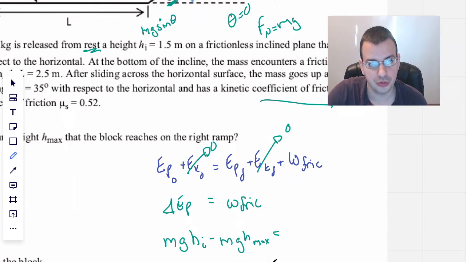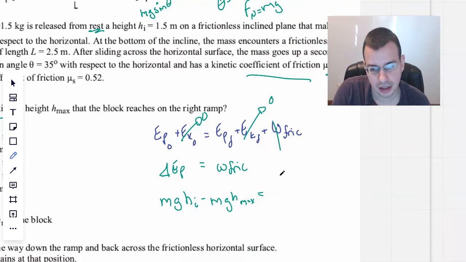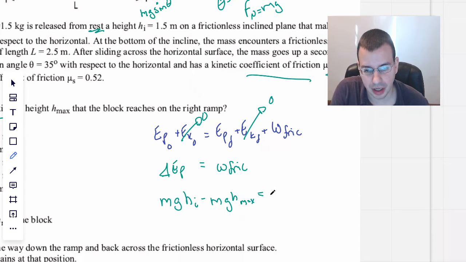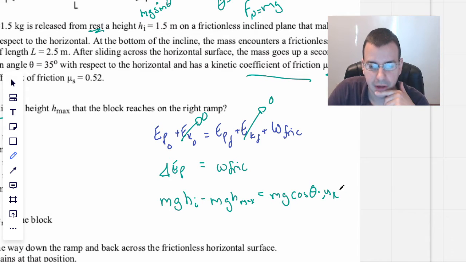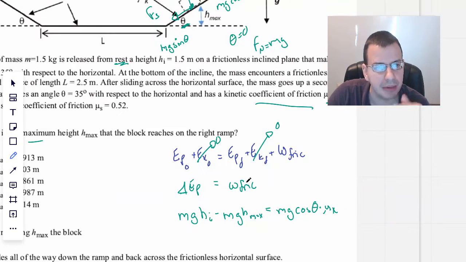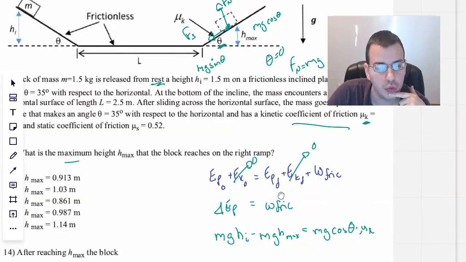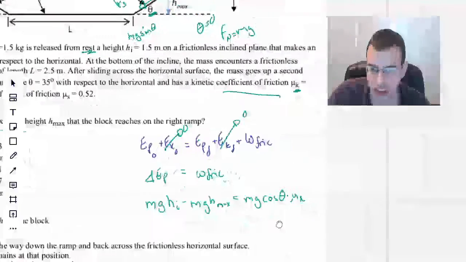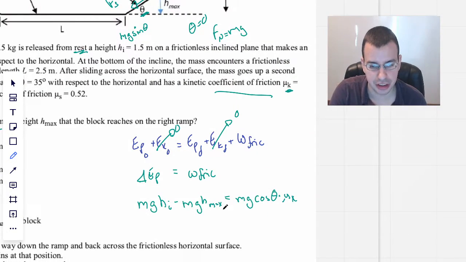Okay, so now the force due to friction will be mg cosine of theta times mu k. That seems reasonable, but we also need it to be an energy, because these are energies and this is a force.